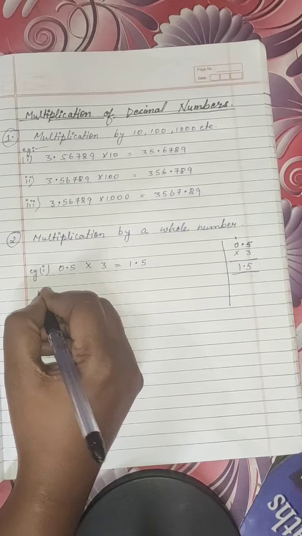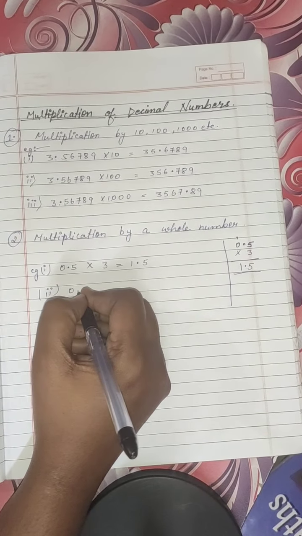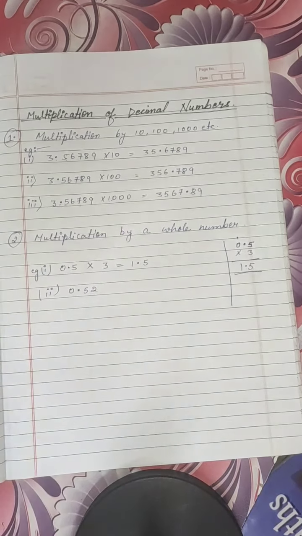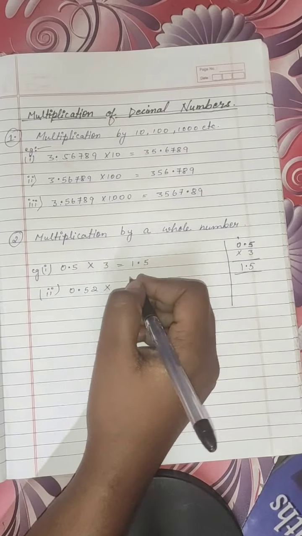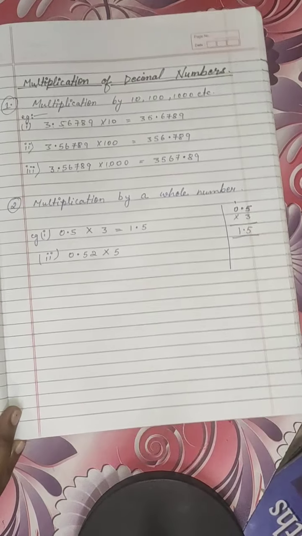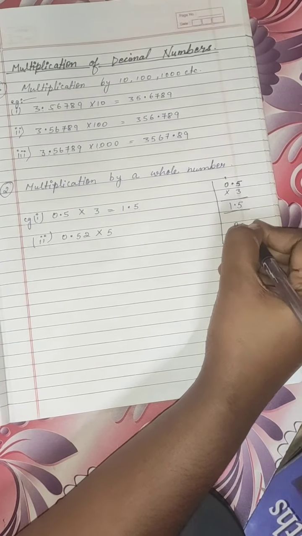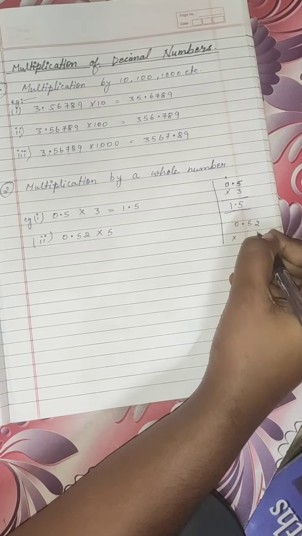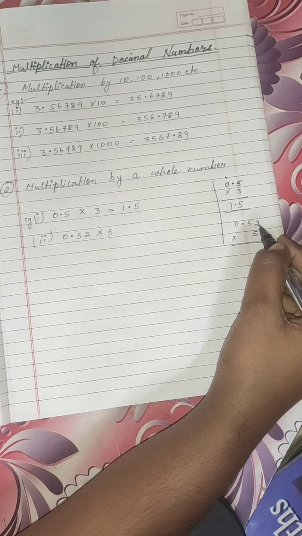Now let's take one more example, the second one. We can take 0.52, multiply with 5. Now let's multiply it. 0.52 into 5. 5 twos are 10.